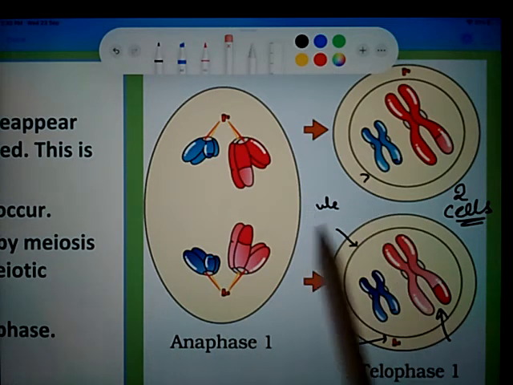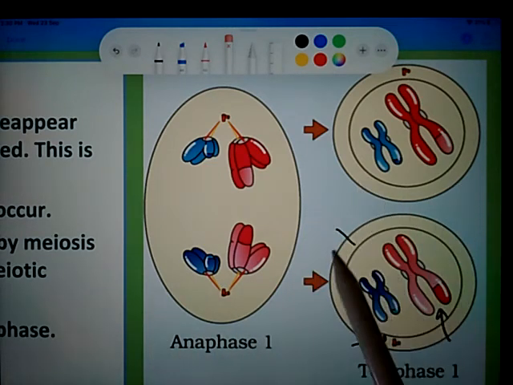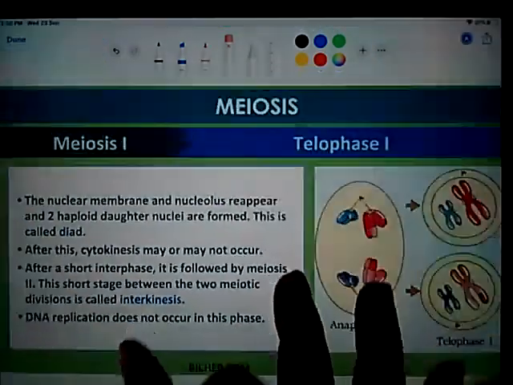One more division is still left. That is why, especially after division number 1, that is meiosis 1, chromosomes are remaining into the condensed form and they are not actually decondensed. They are not converted into the chromatin back till the second division is finished. So that's the specialty you are supposed to remember.